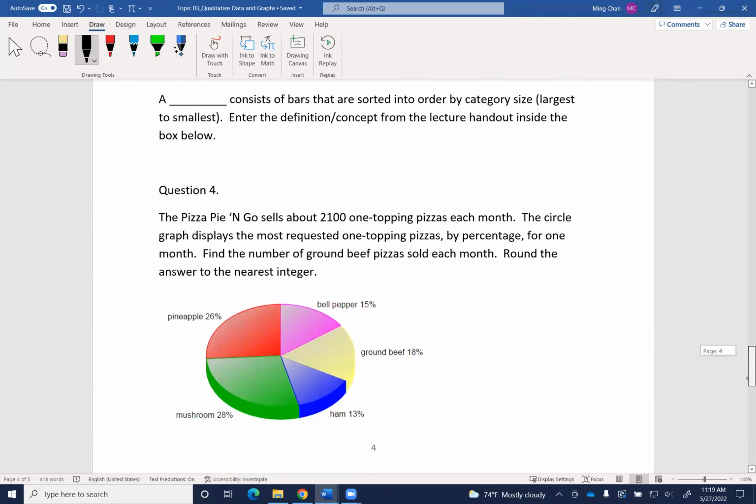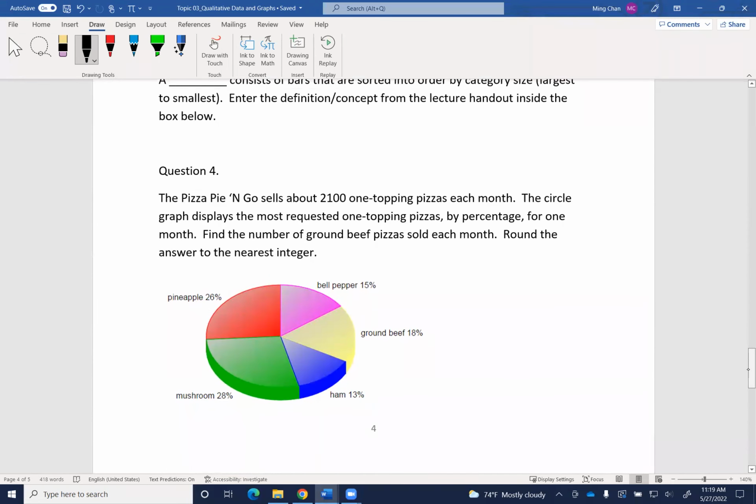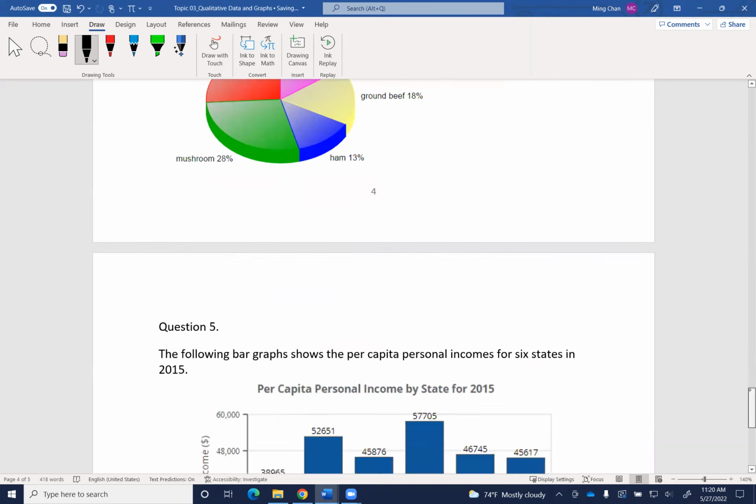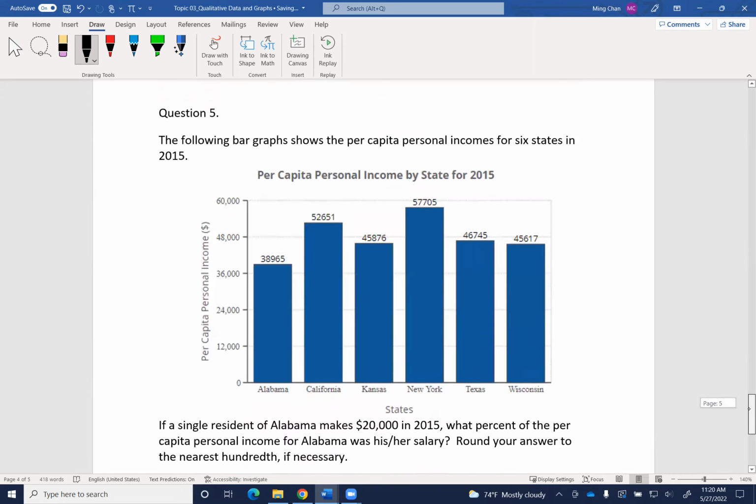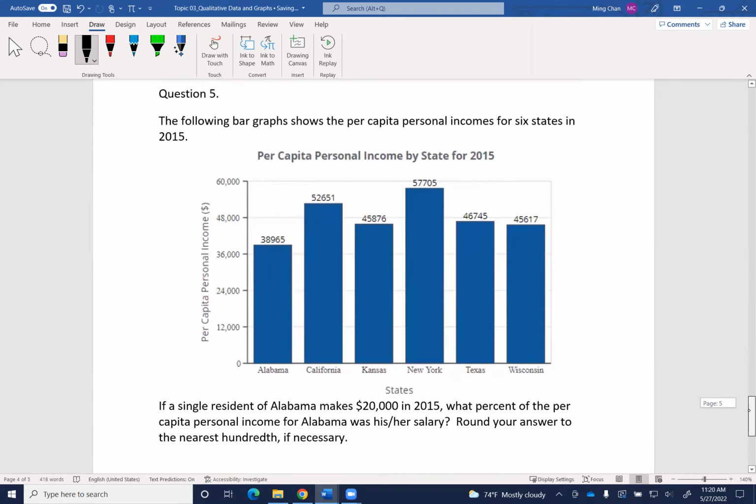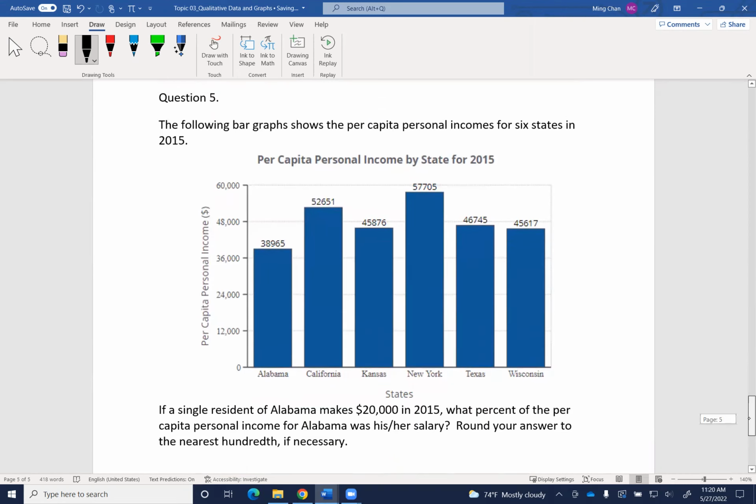All right, question number 4. This time, same picture, but I want you to do beef pizza. Find the number of ground beef pizzas sold. And this one right here, same picture, but this time I want you to do Alabama.